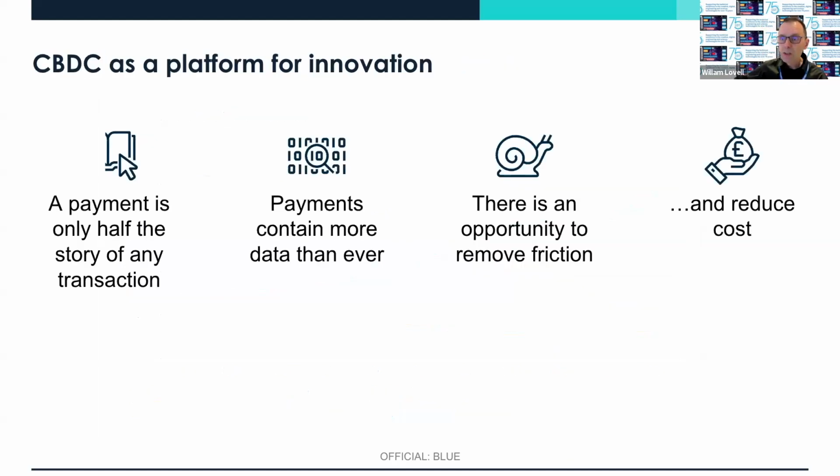So first and foremost, a payment is only ever one half of a story. When you're paying for something, there is always some goods and services that are flowing in the other direction. But typically, the rails that money moves across are separate from the rail that you might receive your goods. Clearly, if it's physical goods, those will come maybe through a delivery, or maybe you're buying them in a shop.